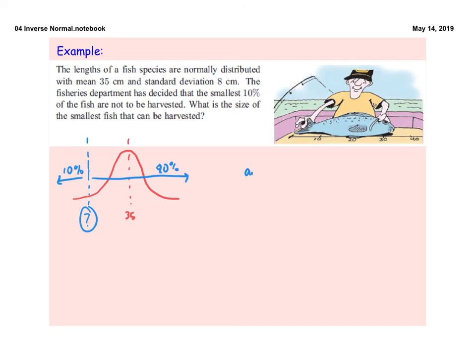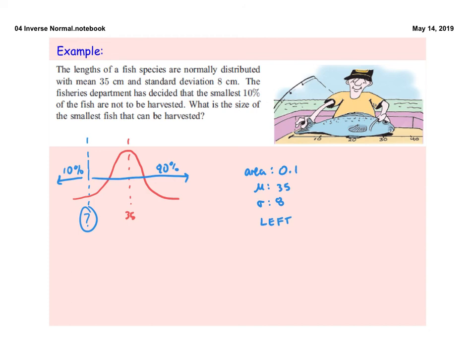So we're going to go to our inverse normal. We will type in for the area 0.1. We have our average, which is 35. We have our standard deviation, which is 8. And I am doing this from the left again because 0.1 would be representative of 10%, where that's to the left.